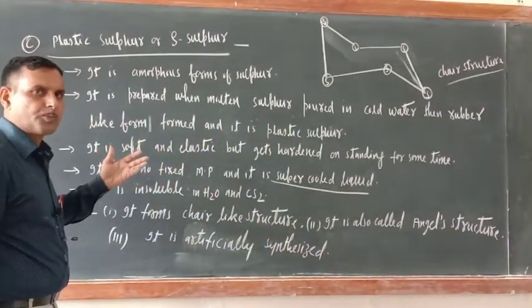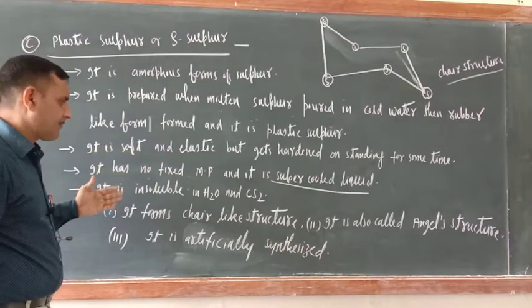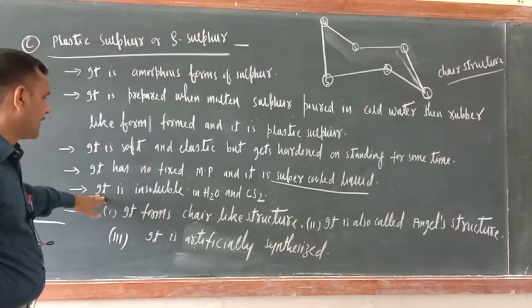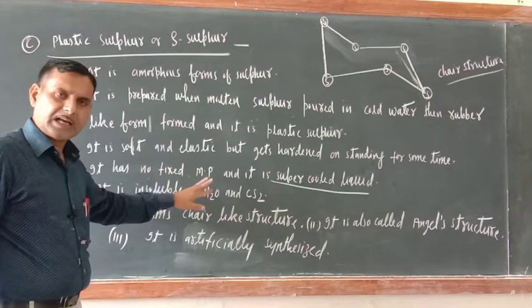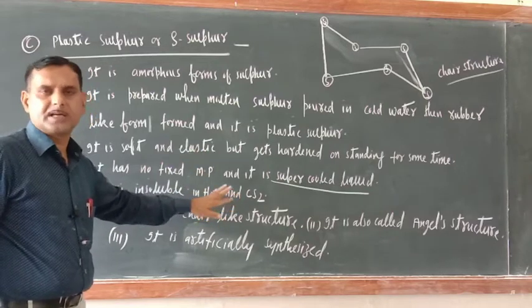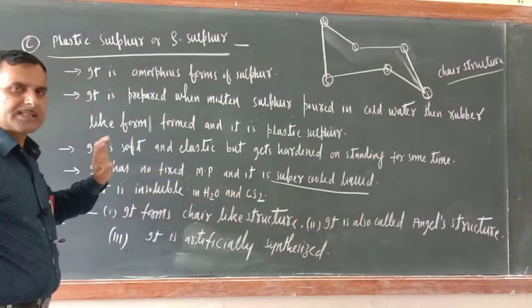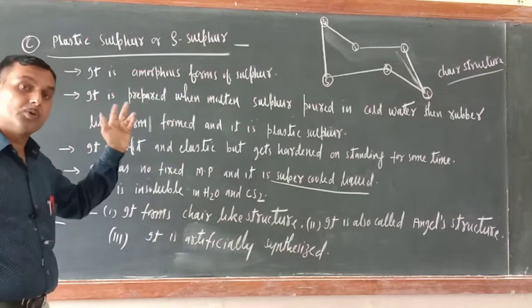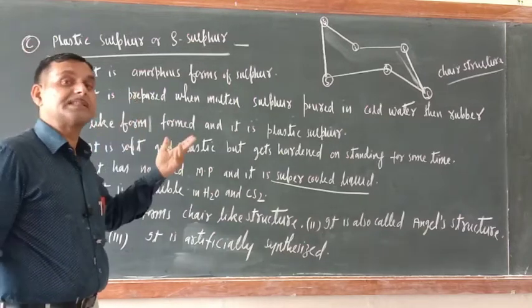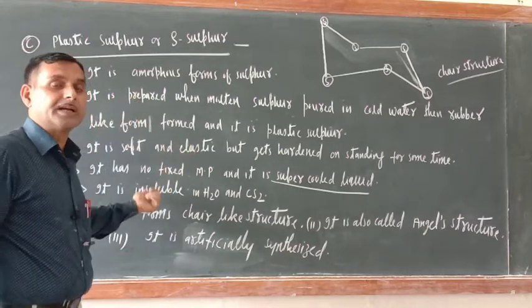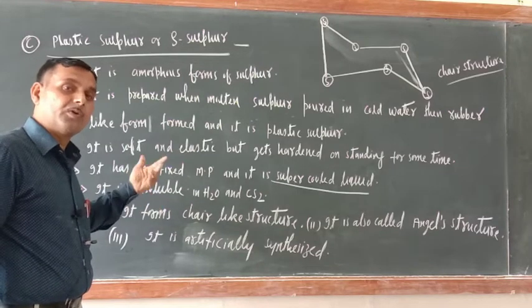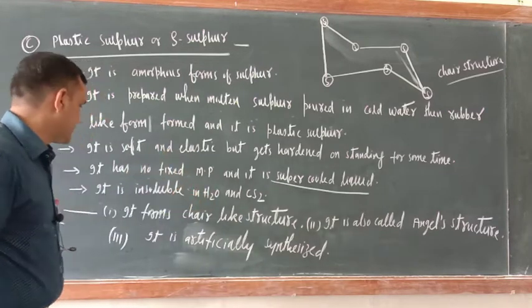Glass is also a super cooled liquid, plastic sulfur is also a super cooled liquid. It is insoluble in water and in CS2 as well. So just see, unlike those two forms which are soluble in CS2 but insoluble in water, this is insoluble in water as well as in CS2.